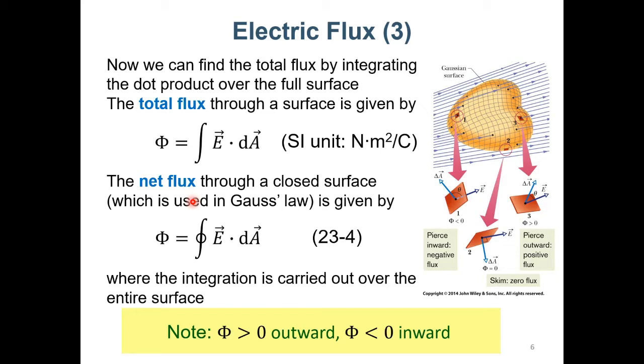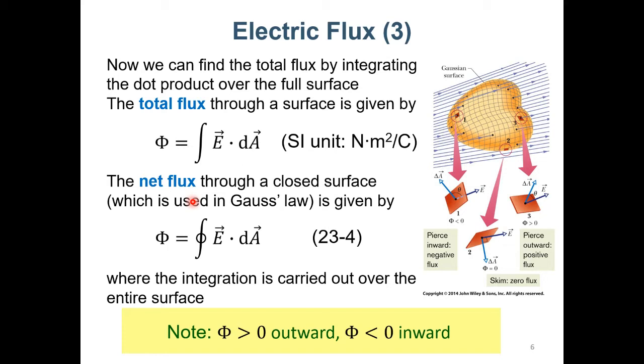Now suppose you have a charge, Q, you generate an E field. Maybe you define a closed surface. Closed surface means 封闭，就是它没有洞的意思。With no holes, so it is a closed surface.